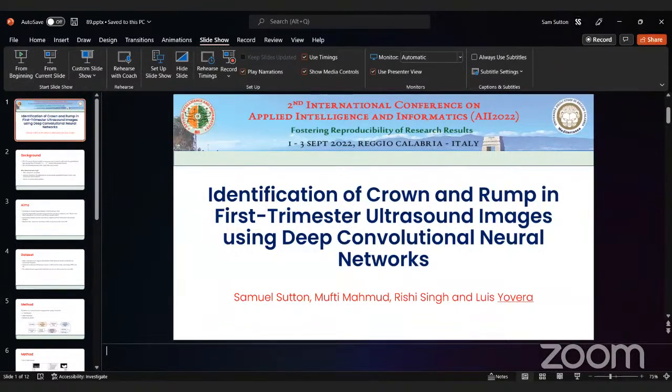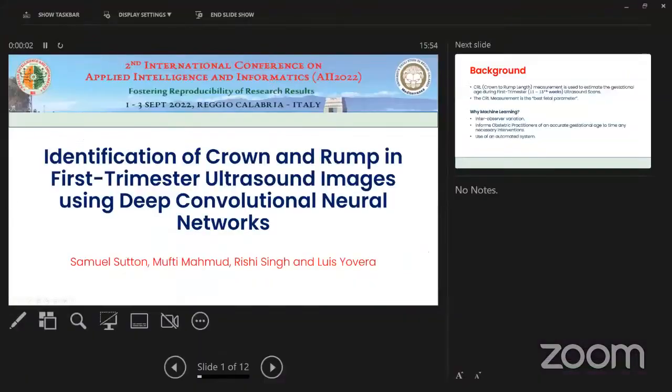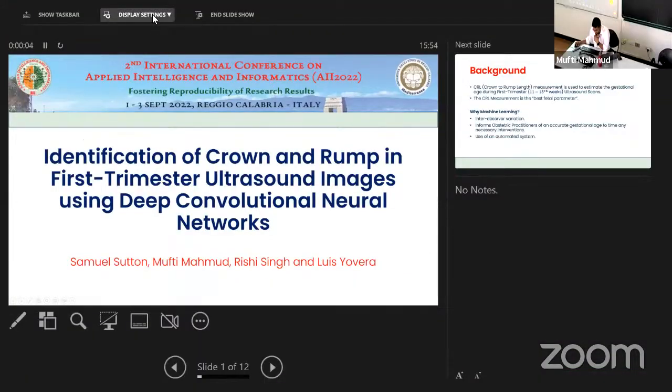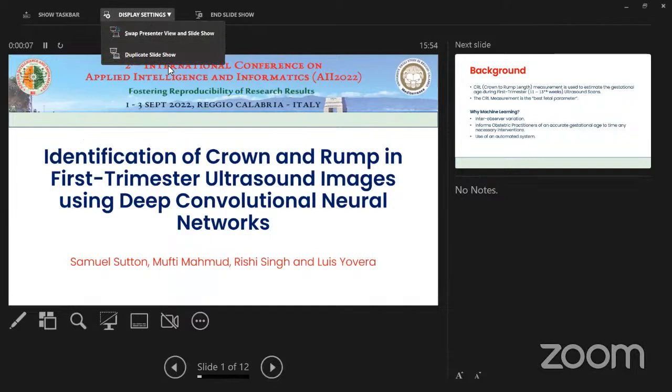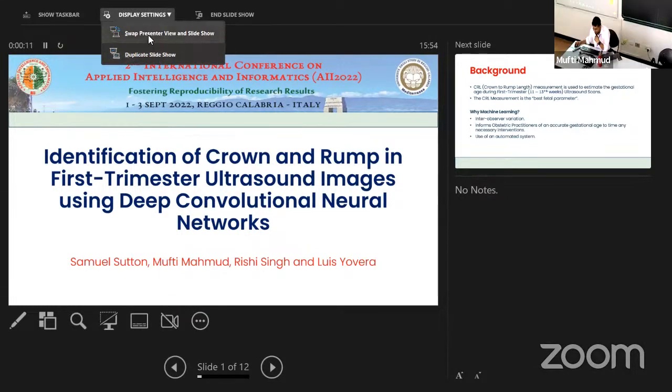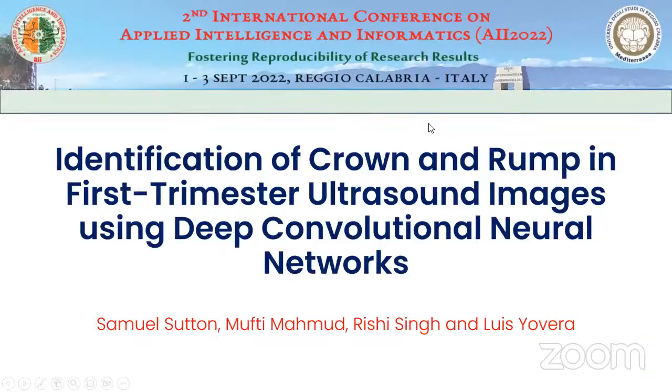Well, sorry, 1 second. And then, yeah, exactly. Change it from there. Right. Sorry, is it duplicate slideshow? The top one. Swipe presenter view and slide view. Yeah, that's it. Okay. Yeah, thank you.